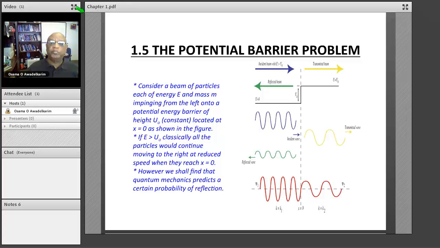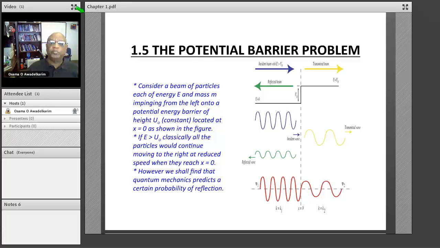And then the yellow wave on the right hand side means that all the particles were transmitted through the barrier, and so we still have a wave on the right hand side. Classically, we shouldn't have any reflected particles. So this green wave should not exist classically. All the particles should make it through. Okay? So that should be the picture.